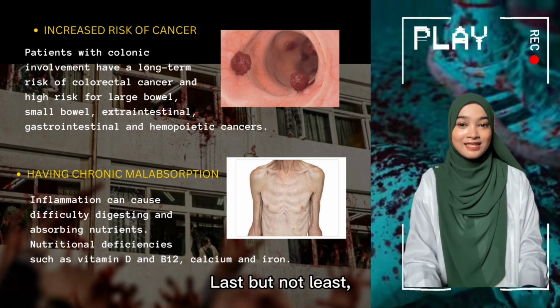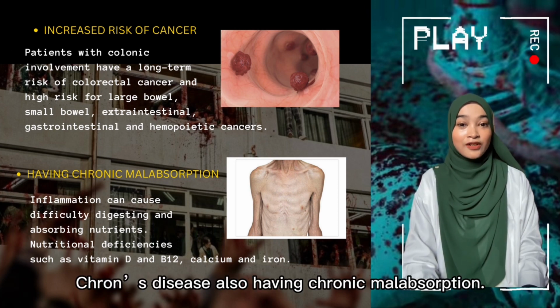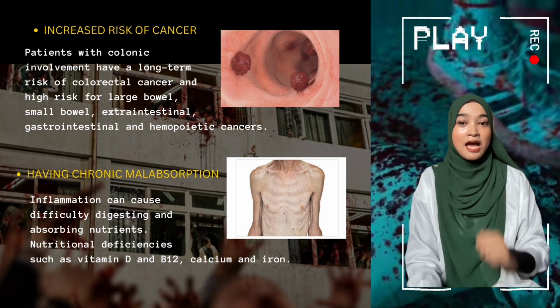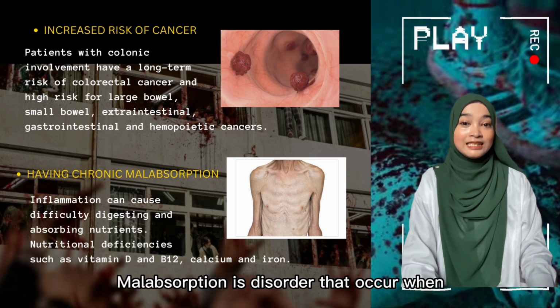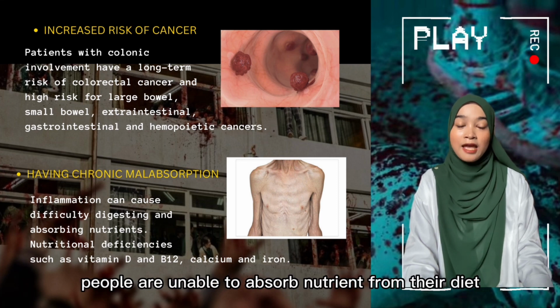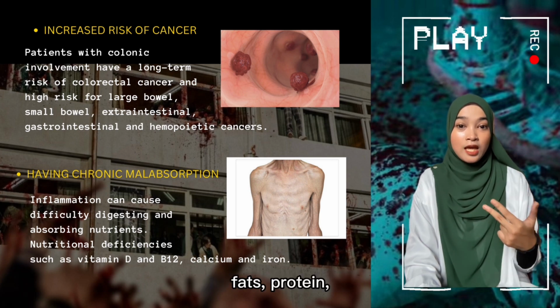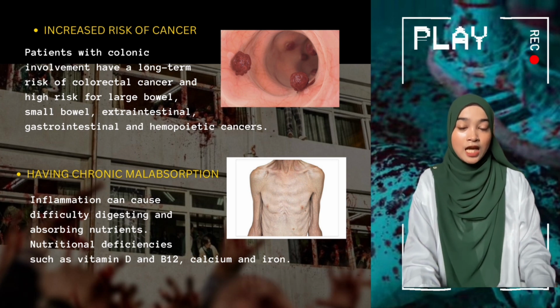Last but not least, Crohn's disease also causes chronic malabsorption. But wait, what is malabsorption? Malabsorption is a disorder that occurs when people are unable to absorb nutrients from their diet, such as carbohydrates, fats, proteins, minerals, or vitamins.